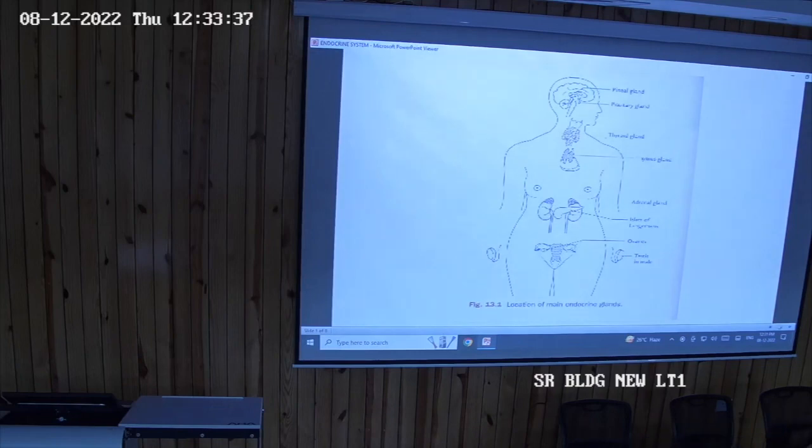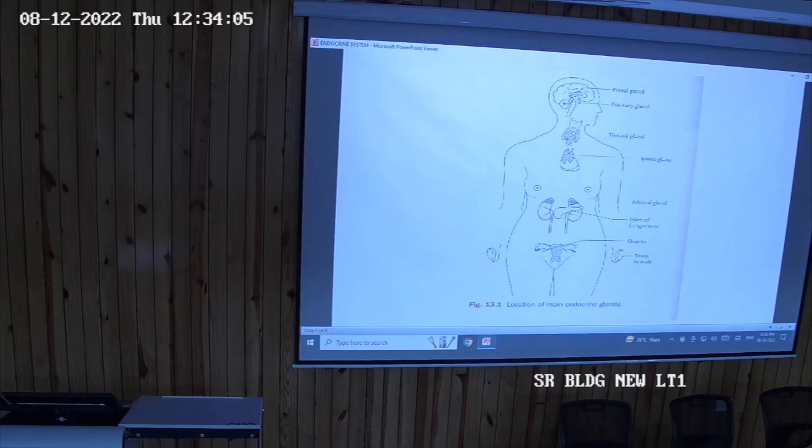Then another condition, Cushing syndrome. In Cushing syndrome, there is abnormal, excessive deposition of fats over the face, neck region, and also maybe over the trunk.